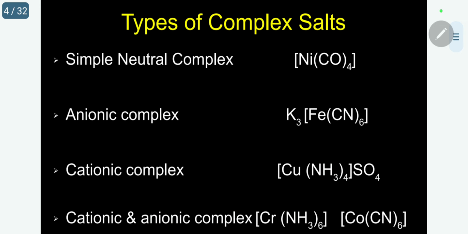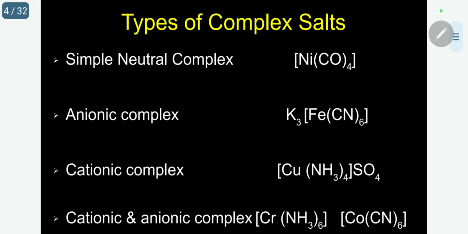In one compound, the complex ion of the first part is the positive ion, and the second part, the complex containing metal, is the negative ion. This is called a cationic and anionic complex.